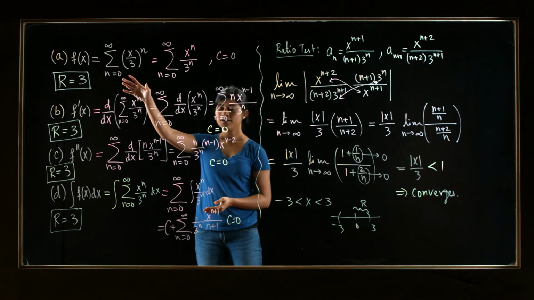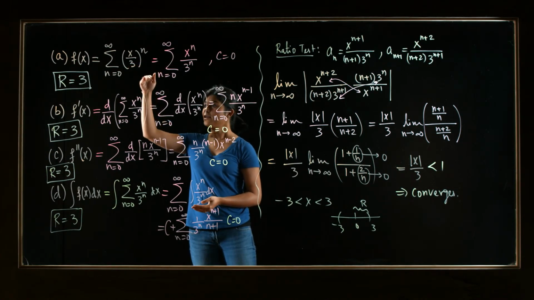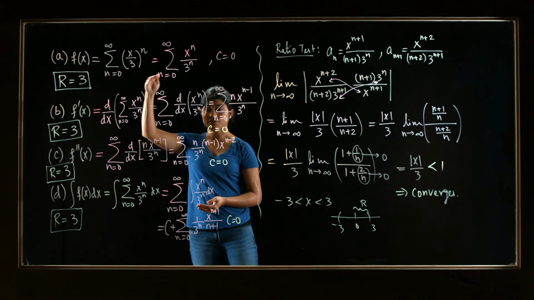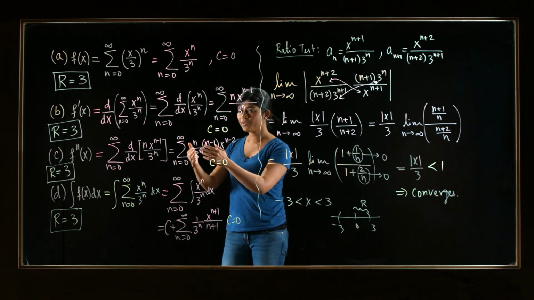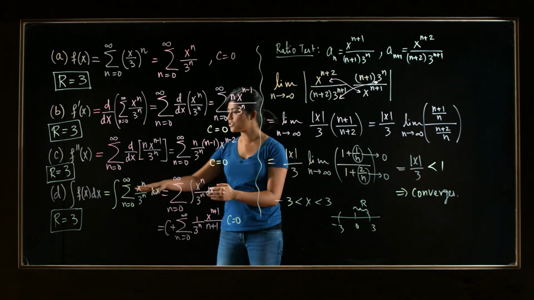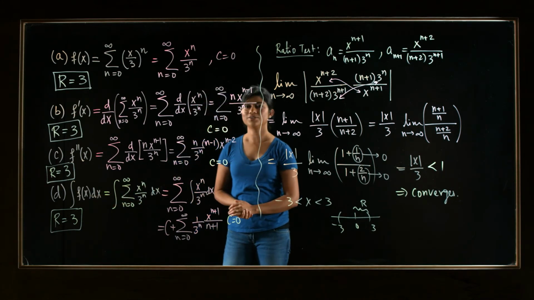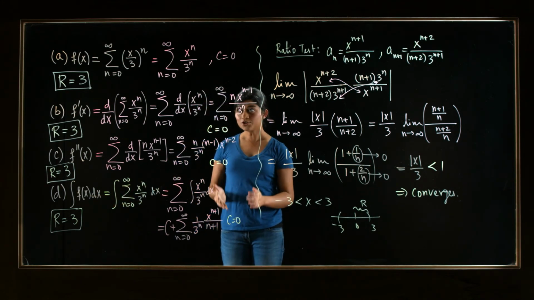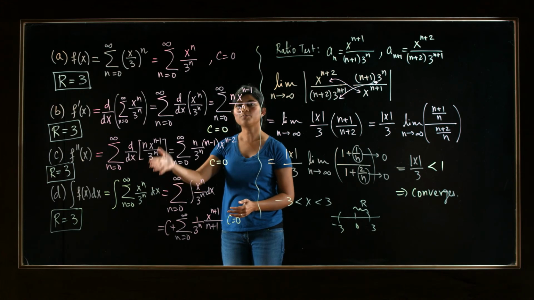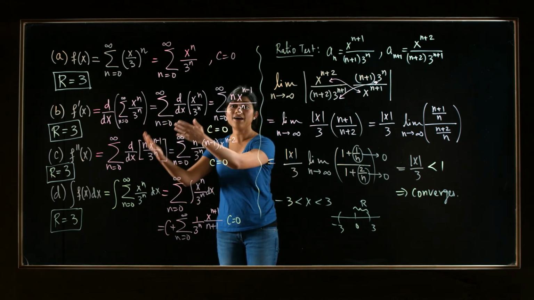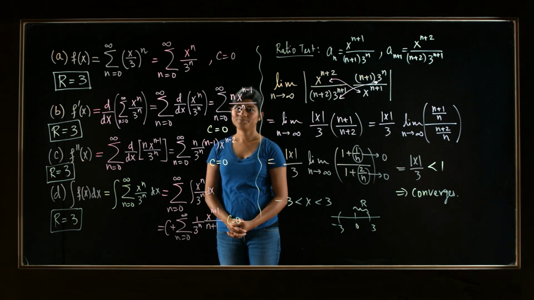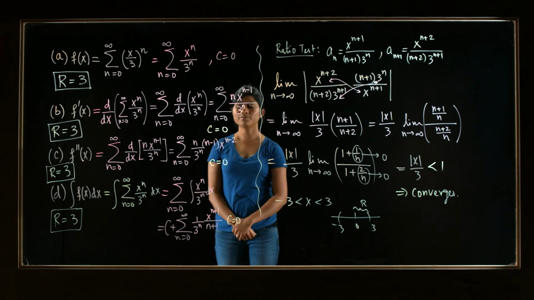If you take a power series, the radius of convergence of the original power series and the derivative will be the same, and the same for the power series that you get from the antiderivative as well. This is a theorem, and looking at this particular problem, you can actually guess why they have the exact same radii. Okay, so this concludes the problem. Thank you.